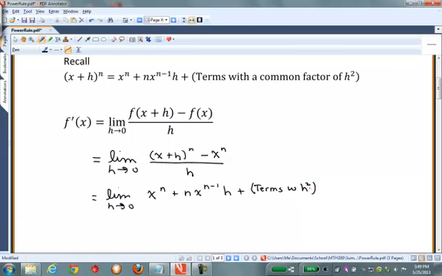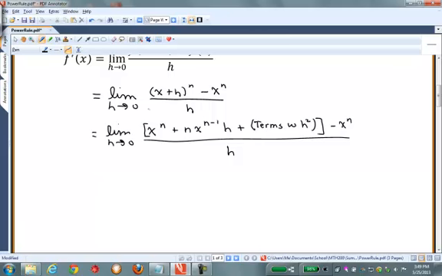And I'll just abbreviate it to that. That expression, that's all of this, minus x to the n, all divided by h.